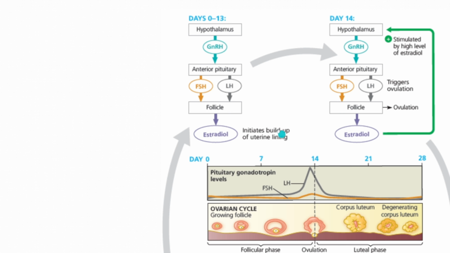First of all, your hypothalamus will start to release gonadotropin releasing hormone, GnRH. This GnRH plays the role of stimulating your anterior pituitary gland. Once stimulated, it will release the hormones FSH and LH.